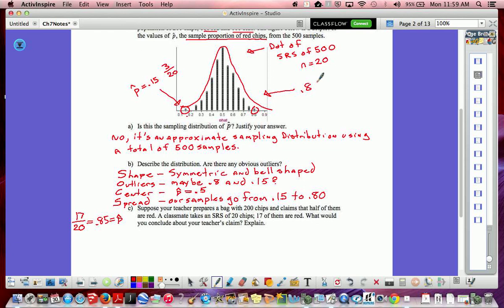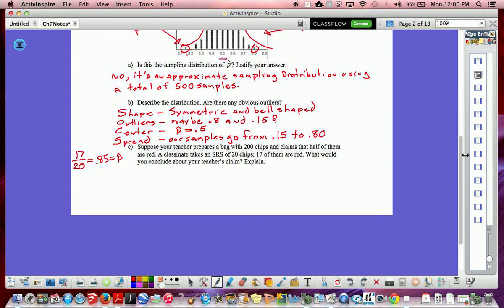Never. 0.85 never occurred. Do you think that's odd? Do you think that's okay? What does that make you suspect? Do you still believe the teacher? You believe the teacher a little bit less? Why is that?